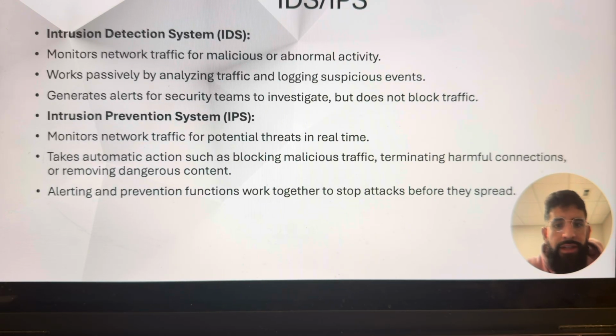So intrusion detection and prevention systems, the acronym is IDS, IPS. Intrusion detection systems monitor network traffic for malicious or abnormal activity, work passively by analyzing traffic and logging suspicious events, and generate alerts for security teams to investigate, but do not block traffic.